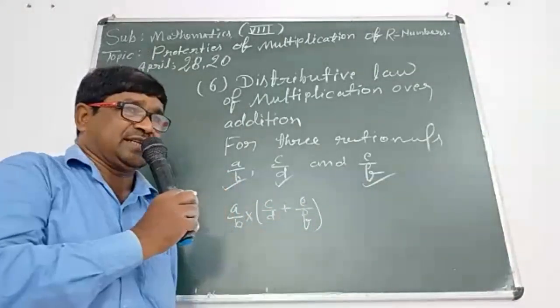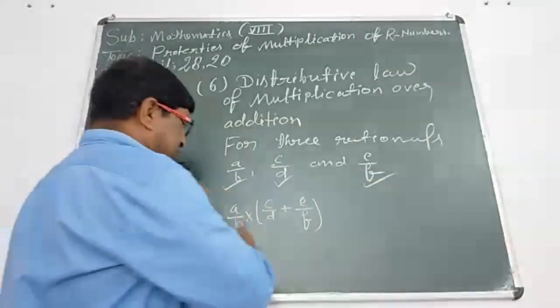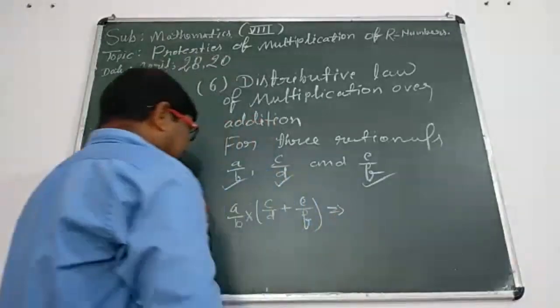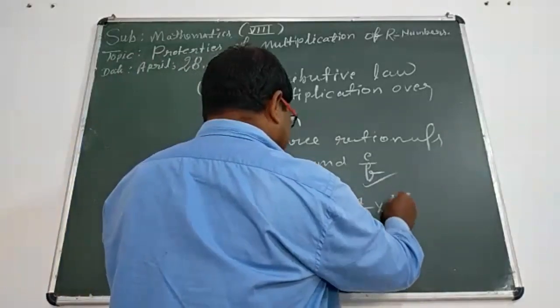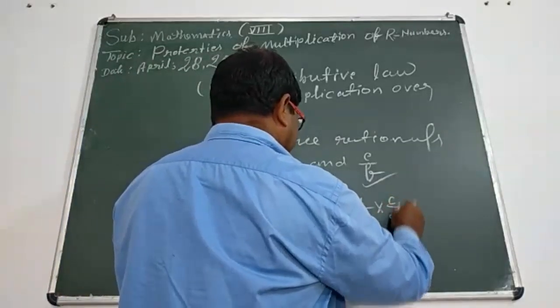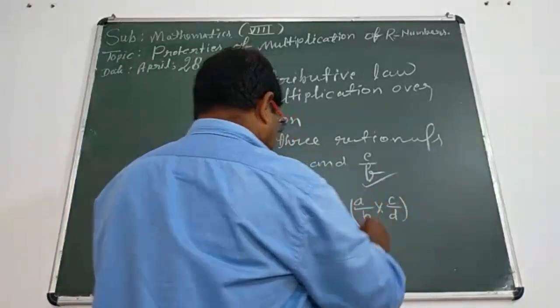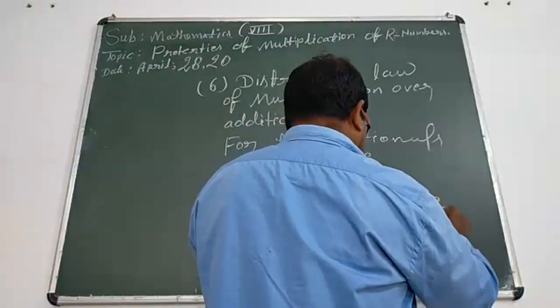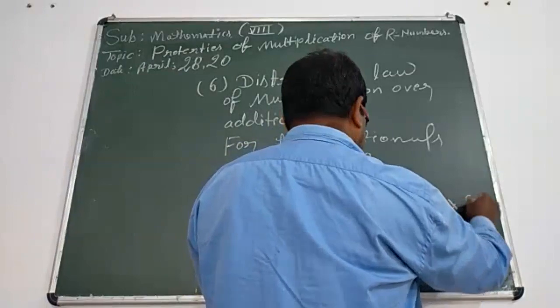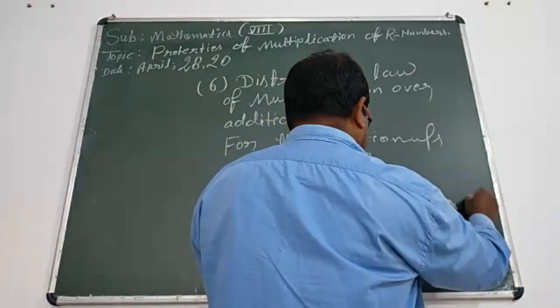Mind the parenthesis here. What is its meaning? Its meaning will be A upon B multiplied by C upon D, plus A upon B multiplied by E upon F. Check seriously.